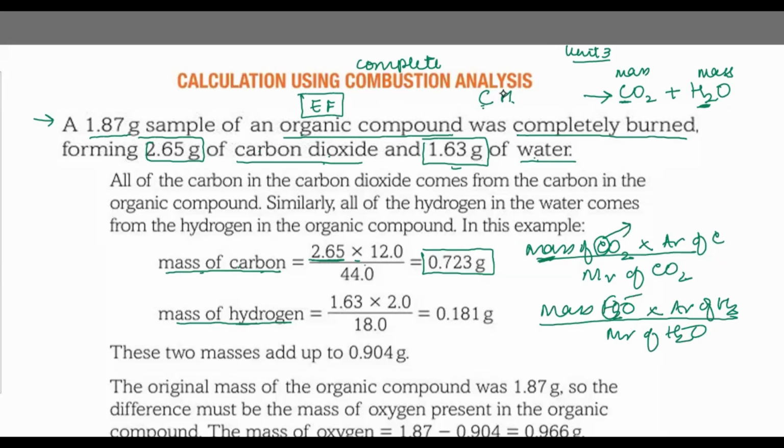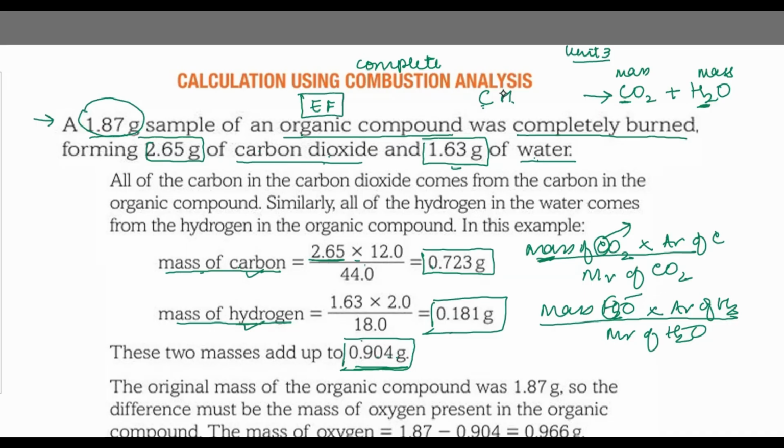Now, these are the two masses which you'll be getting by putting the values in this particular formula. We got the mass of carbon, we got the mass of hydrogen. When you sum them up, you get 0.904, whereas they have the compound as 1.87 grams. So definitely there's some other element which is missing.